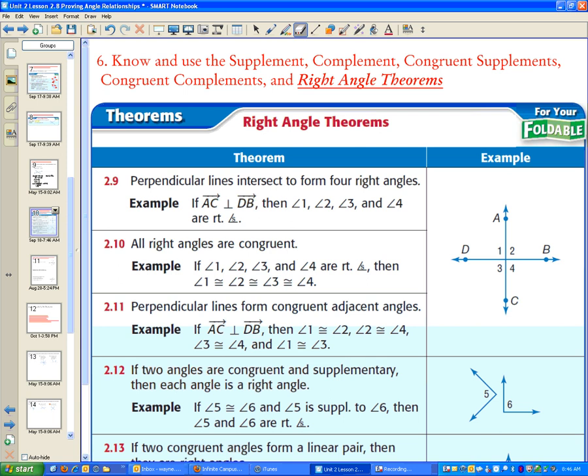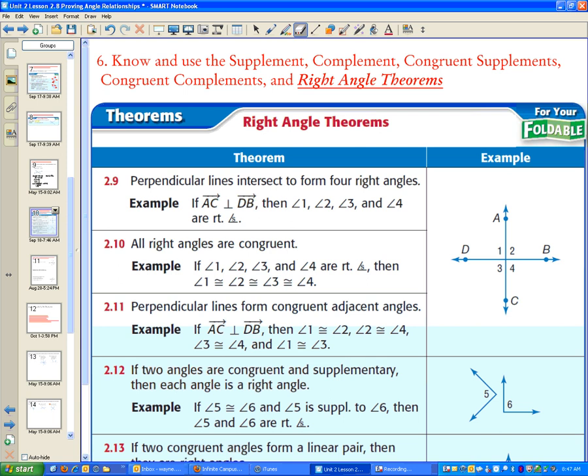Perpendicular lines form congruent adjacent angles. We've talked about that one. Seems kind of odd. Sometimes you come up with a theorem just to use it later on to prove another theorem.